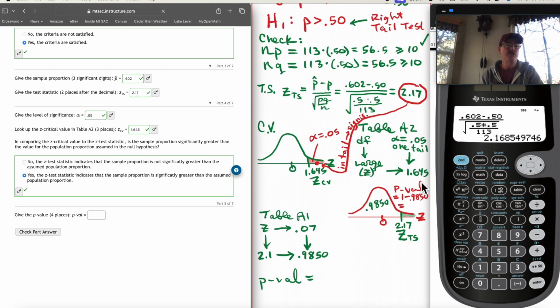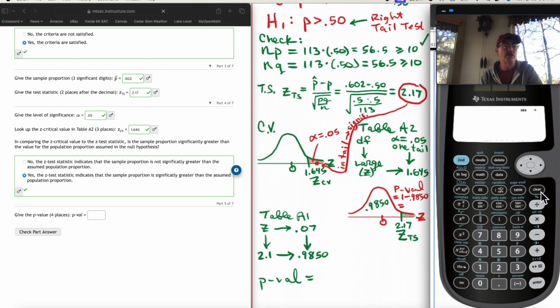I'll do that over here on the calculator. Okay, so that's 0.015. I'll end it with a 0 if they want 4 places. But 0.015, so basically 1.5 percentage points is what we've got there.